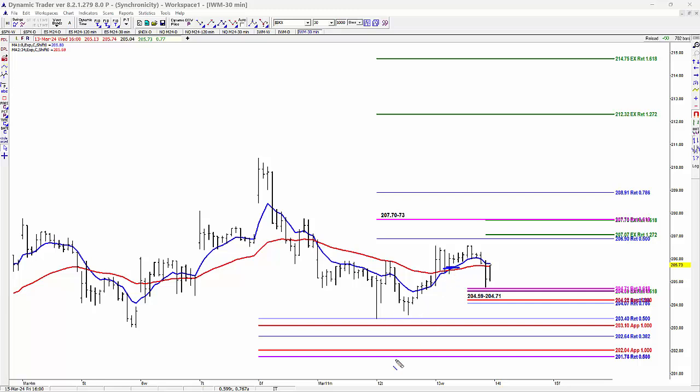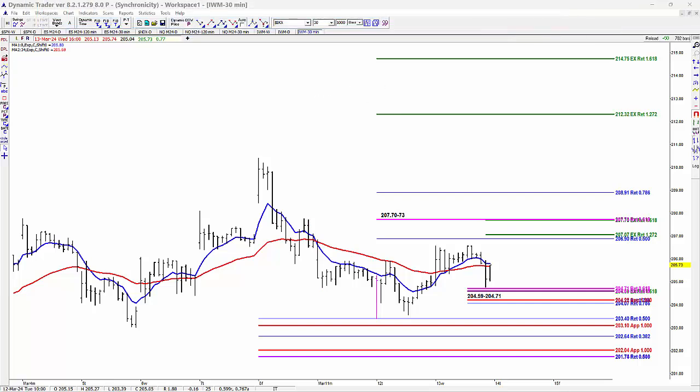Here is the crossover, and then it didn't really take out a prior swing high till here. Maybe it looks different on the 15-minute chart, but that would be your trigger, against the low on the daily chart in IWM. I'm pretty sure I have a lot of videos on YouTube that go over the triggers.